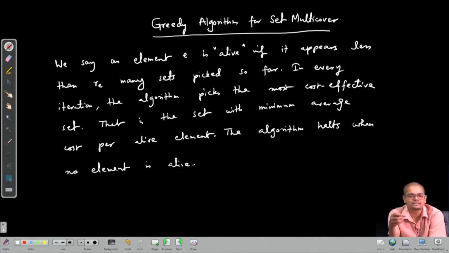Again, the cost is distributed across the elements covered.